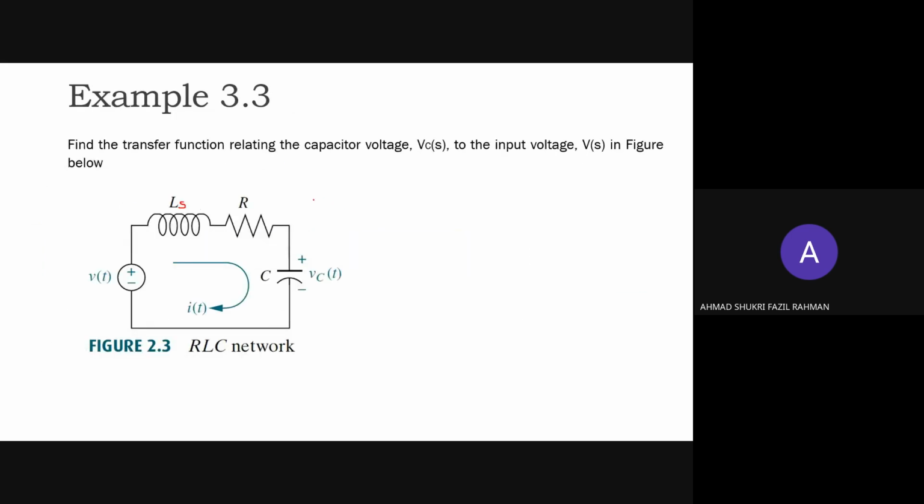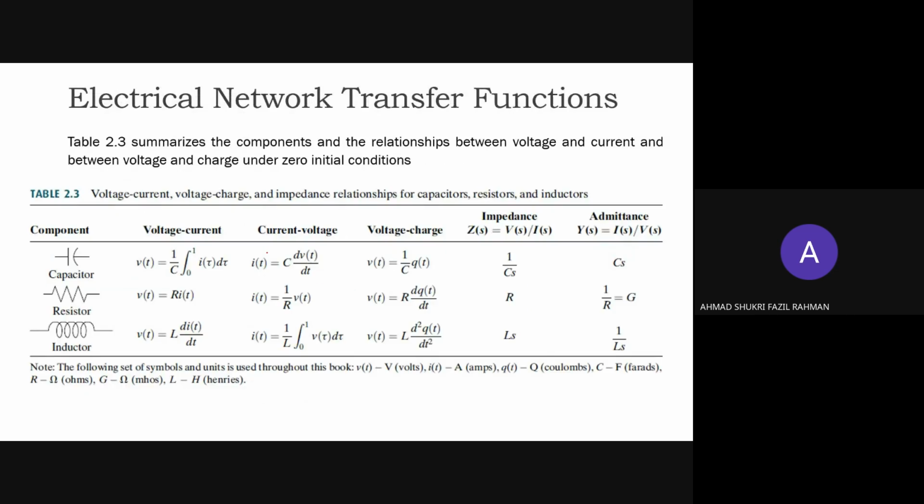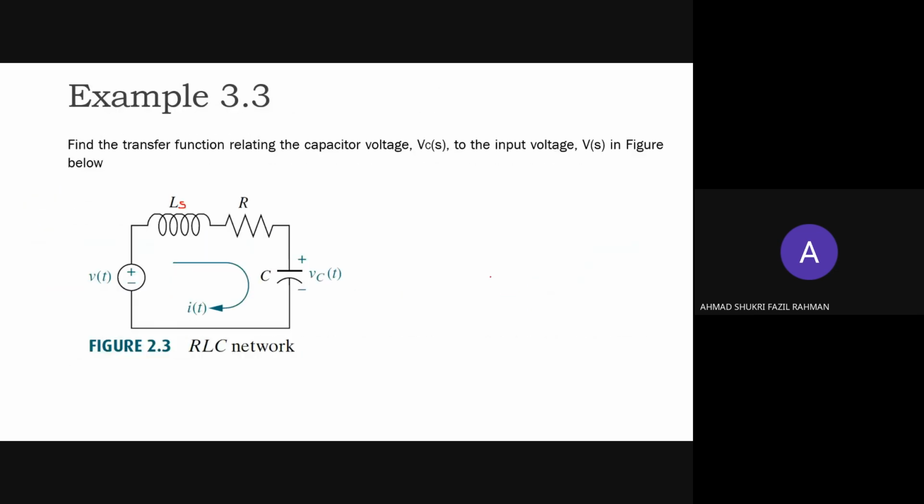And then C would be 1 over Cs. So we just replace it with 1 over Cs, that's it. And then for this i, we need to replace it with capital I(s), and then Vc we need to replace with capital Vc(s), and then v(t) we need to replace with capital V(s).